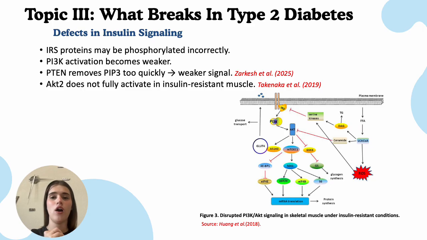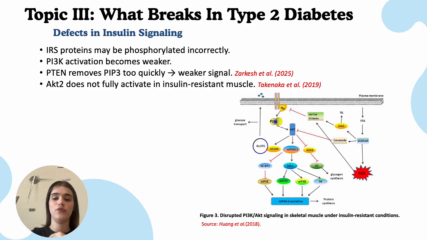Nakamura et al. 2019, one of the sources I used, shows that this directly reduces glucose uptake in skeletal muscle. And Sarkesh et al. 2025 found that higher PTEN levels in adipose tissue are linked to poor insulin sensitivity.